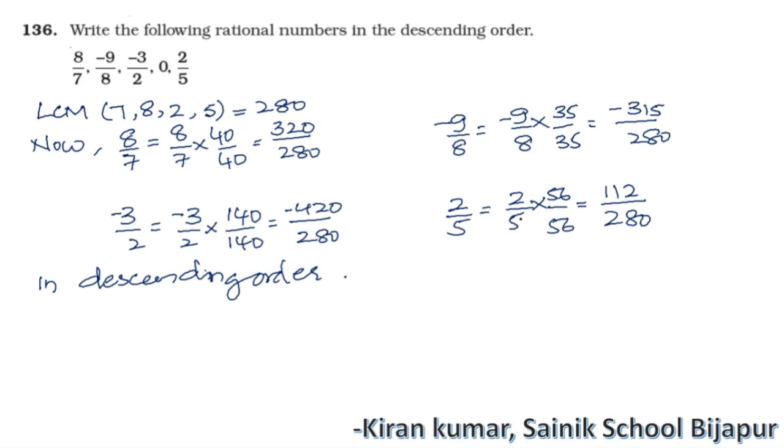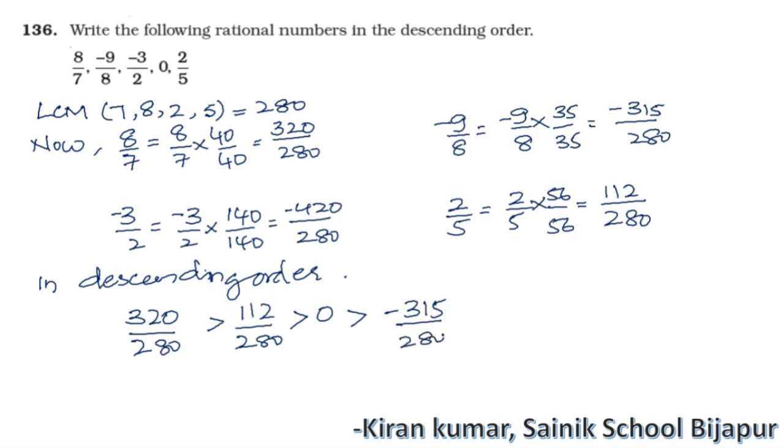Of these, the largest is 320 upon 280, which is larger than 112 upon 280, which is larger than 0, because 0 is also one of the numbers, which is larger than -315 upon 280, which is larger than -420 upon 280.